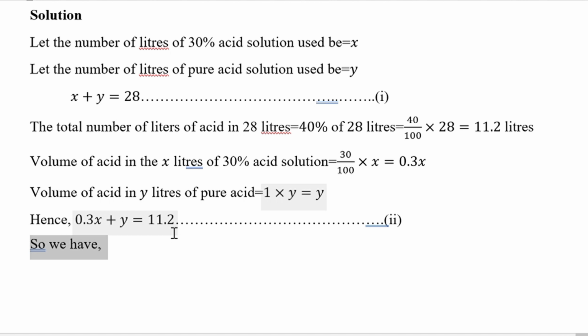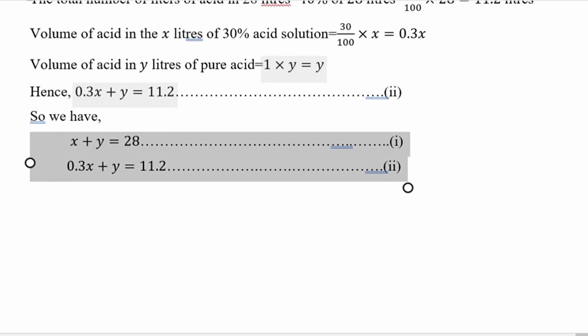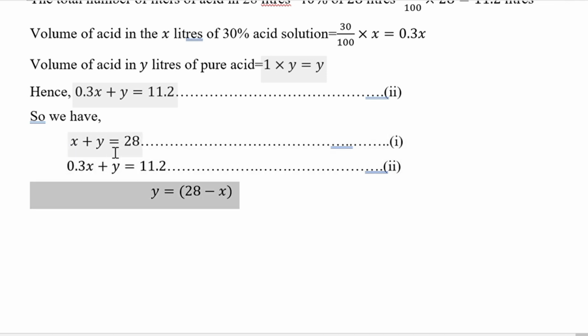So we have the two simultaneous equations down here. I've decided to solve them using the substitution method, by taking equation 1 and making Y the subject of the formula. So that's what I've done. I've taken X across the equal sign.